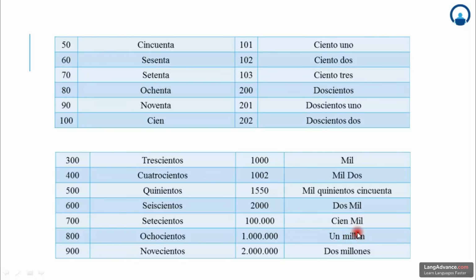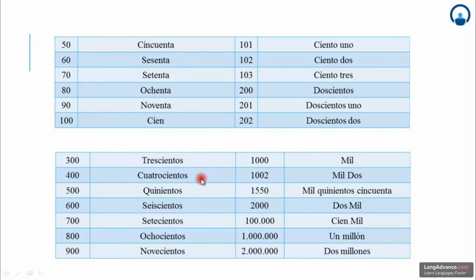Again I repeat, the double L is not pronounced as L. It is pronounced as ye, and that's how we get the pronunciation of 1 million as un millón. 2 million, dos millones.